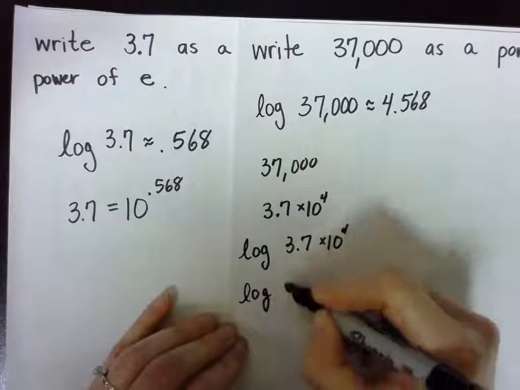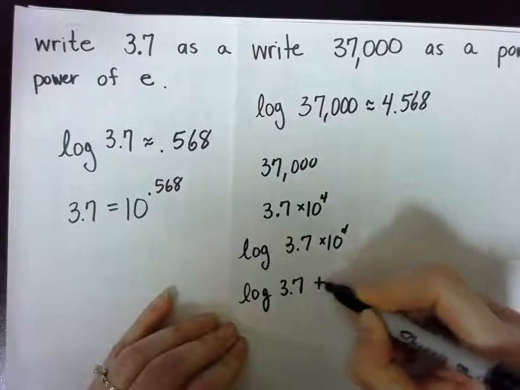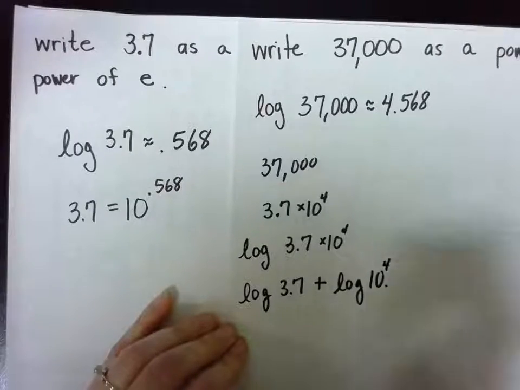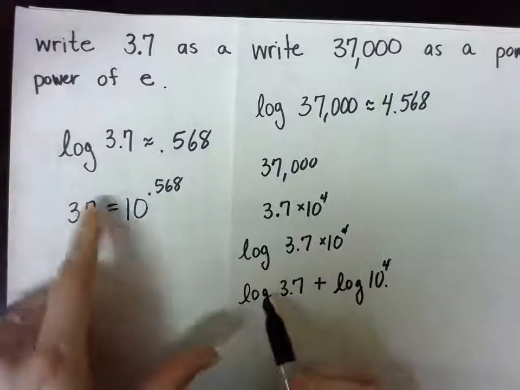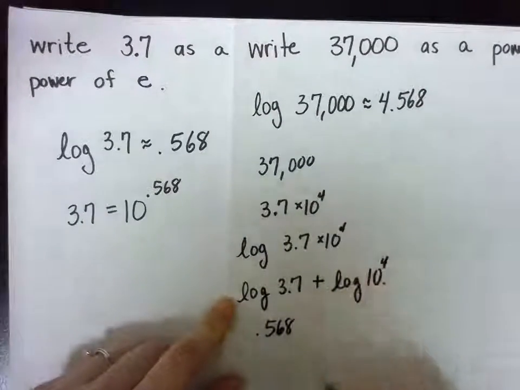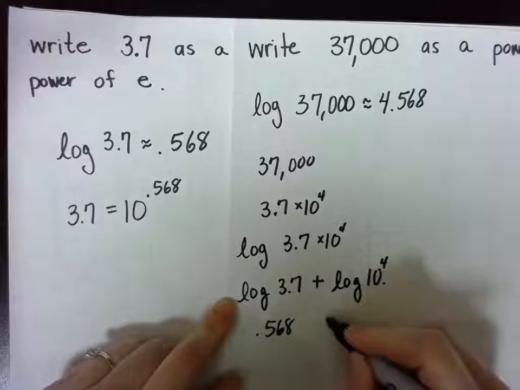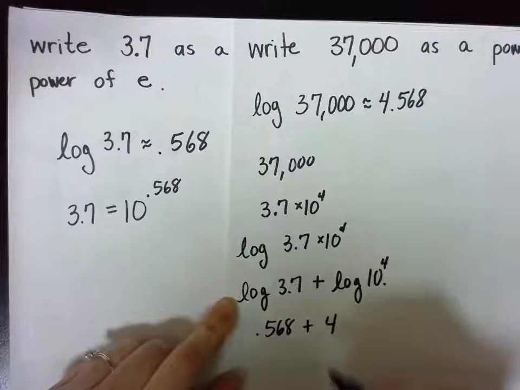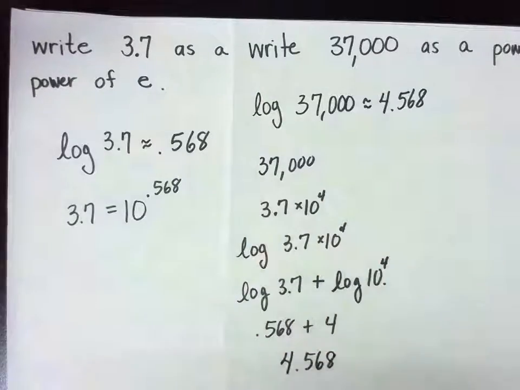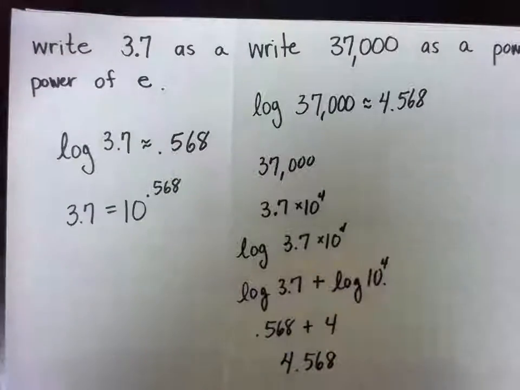So that's log of 3.7 plus log of 10 to the 4th. So we know from here that log of 3.7 is 0.568. Log of 10 to the fourth is 4. And so it makes sense that we would get 4.568.